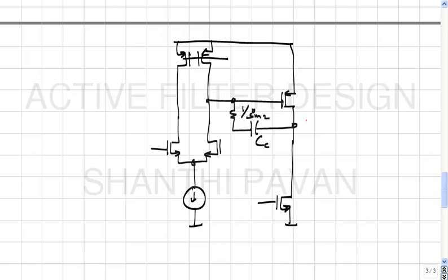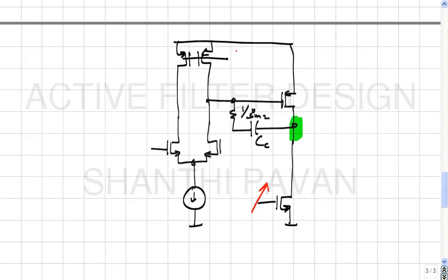To set the output common mode, or to vary the output common mode, which knobs do you think I can turn? Obviously, one I can turn is to tweak this guy. So, when that node voltage goes up, what happens to the common mode voltage output? It comes down. Do you think there is anything else I can do?